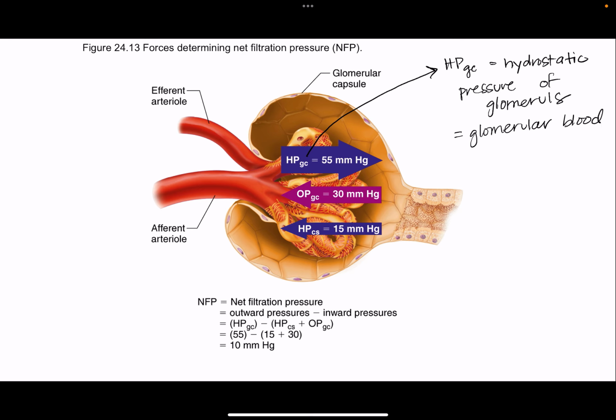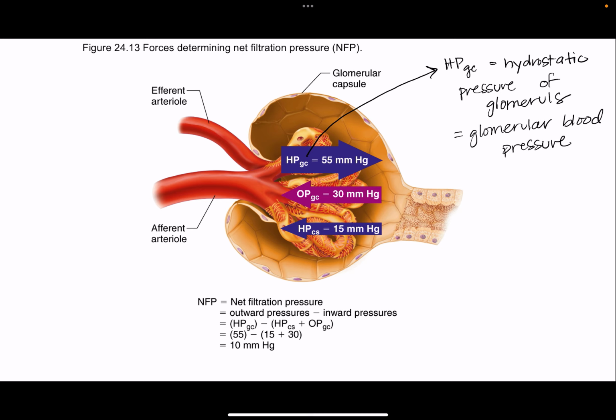How much force is pushing the blood through these capillaries? Now, all of the proteins and things should be held within the blood because we just said we cannot filter out proteins. So in a healthy individual, all that protein is still within the blood.